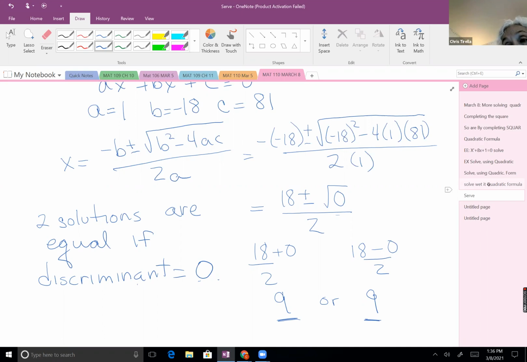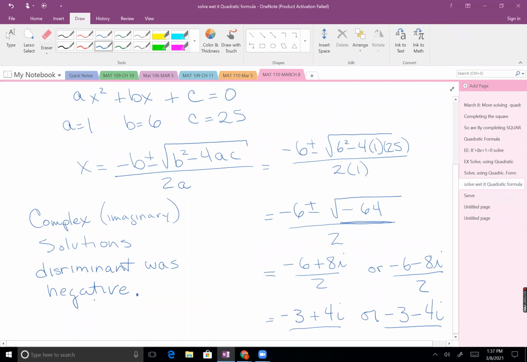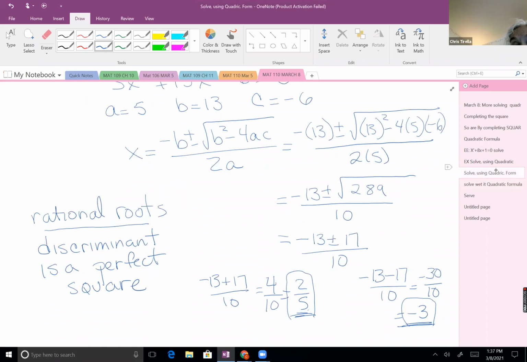Backtracking a little bit. If our discriminant is negative, we get complex numbers with an imaginary part. If our discriminant is a perfect square, we get rational numbers, which means we probably could have solved by factoring.